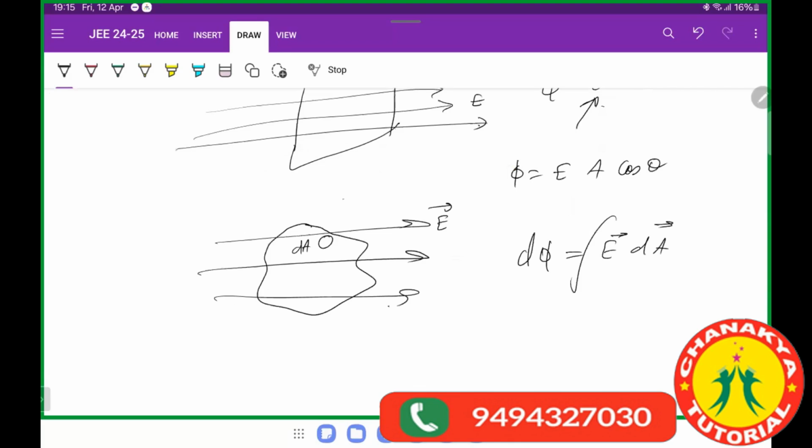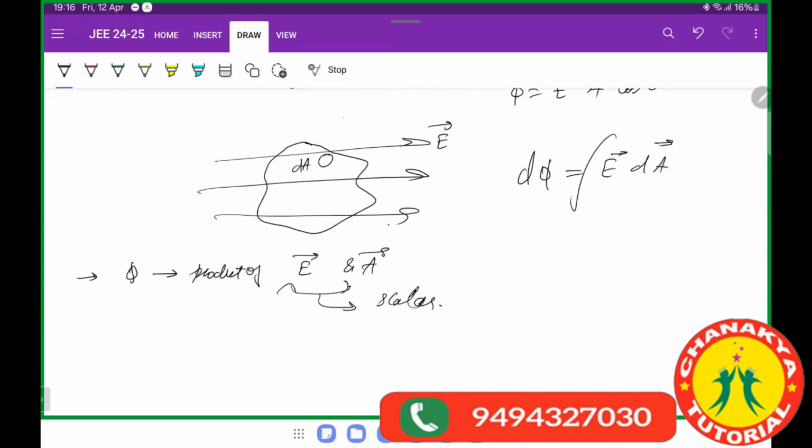So in short, what we can conclude from here: electric flux is the product of E and A, and the product of two vectors gives you a scalar.